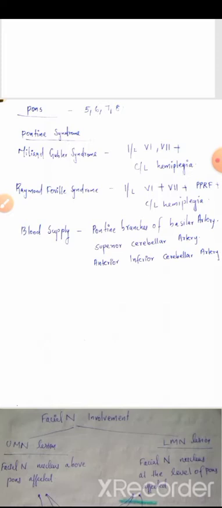In pons we also have some pontine syndromes like Millard-Gubler syndrome and Raymond-Foville syndrome. In Millard-Gubler syndrome, we will get ipsilateral 6th and 7th nerve palsy plus contralateral hemiplegia.